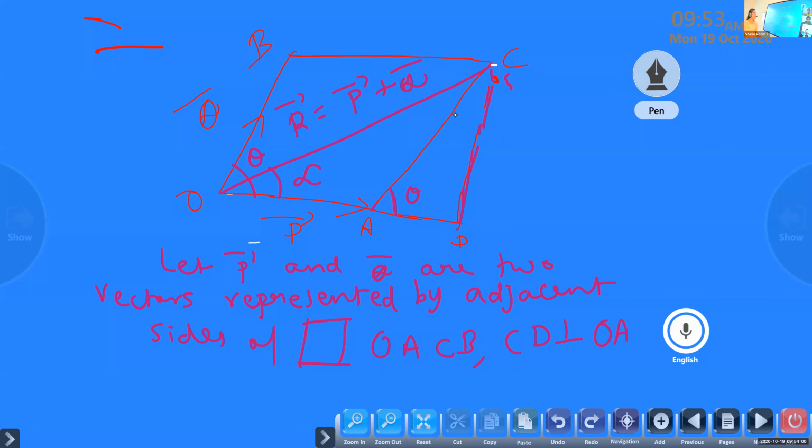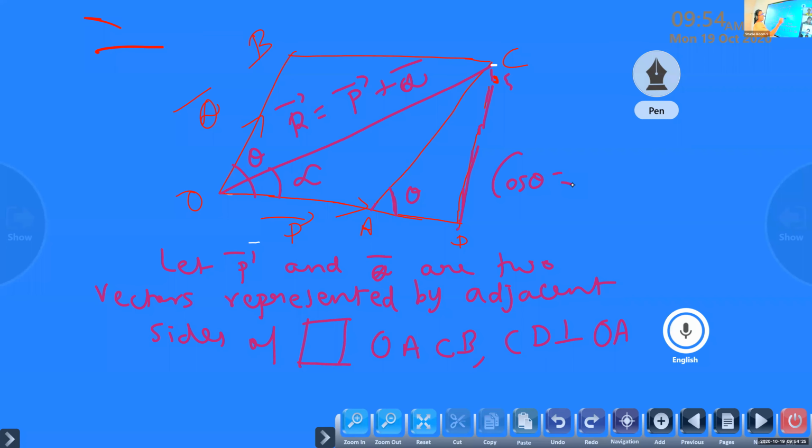So from triangle ACD, we are going to find out cos theta. Cos theta is, as I told you, adjacent side by hypotenuse.